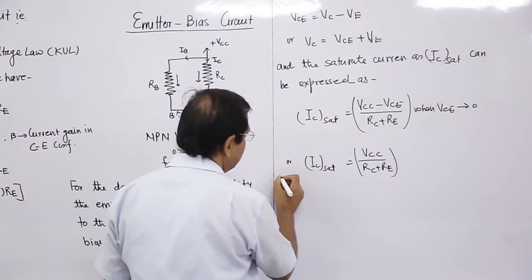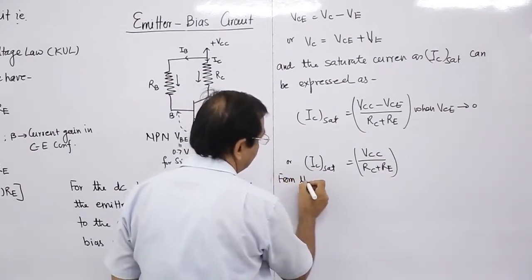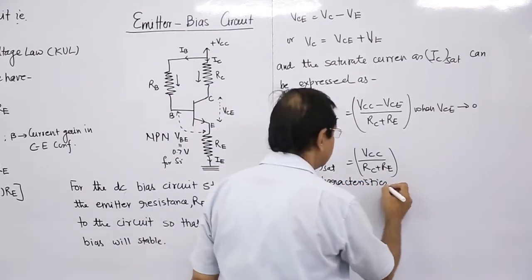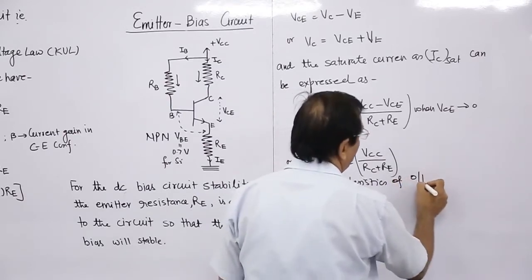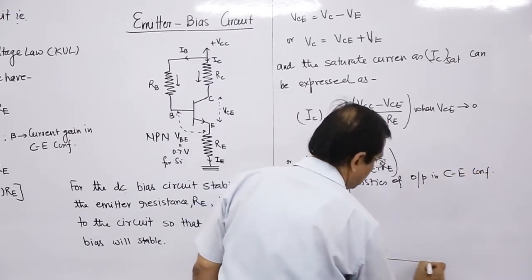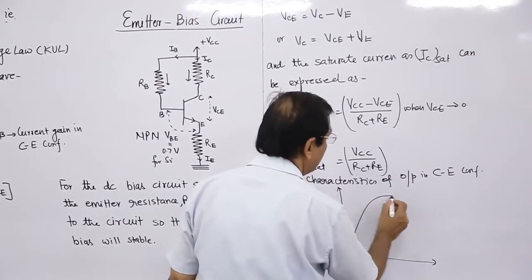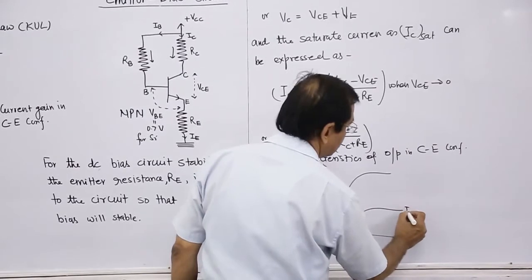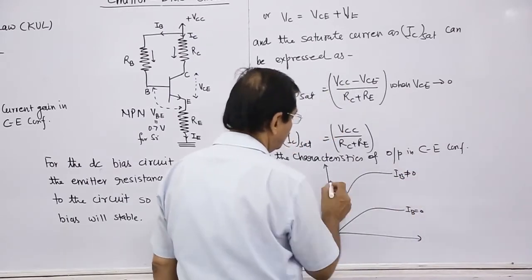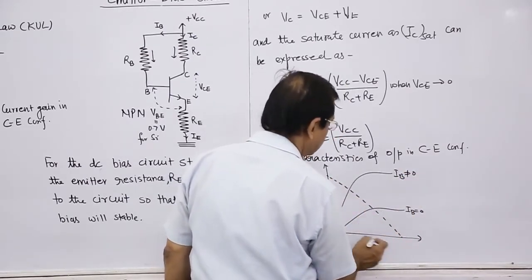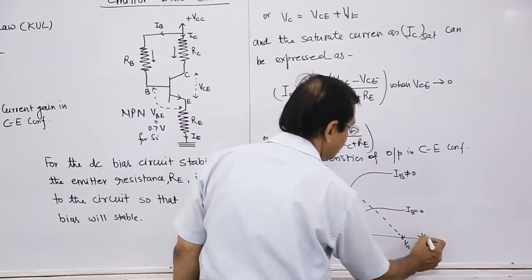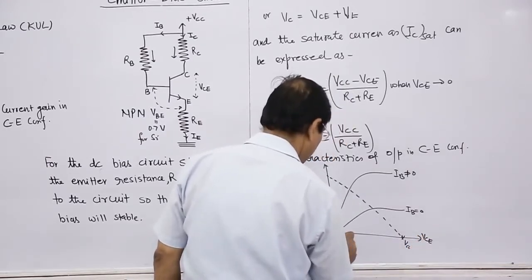And from the output characteristic in CE configuration, with IB equal to 0 and IB not equal to 0, this value is VCC on the VCE axis.